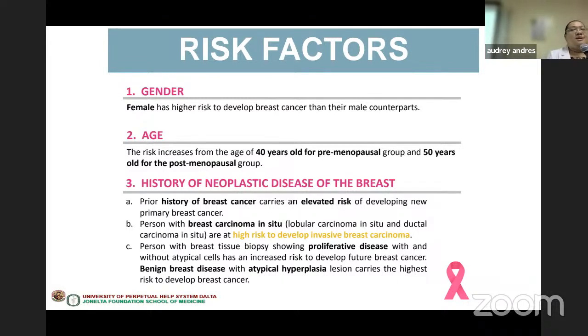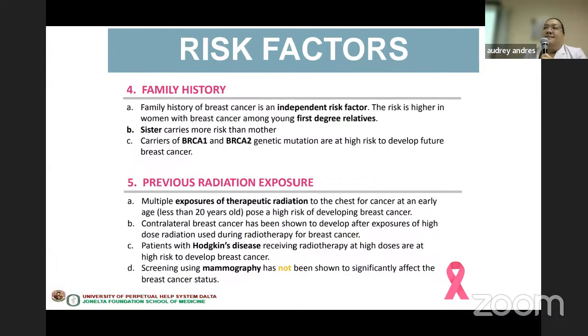Age, 40 years old premenopausal, 50 years old postmenopausal. Of course, any history of neoplastic disease of the breast, whether it be a prior breast cancer or a new one, in situ, your atypical hyperplasias, your benign breast disease, we will mention, would be all risk factors of malignancy.